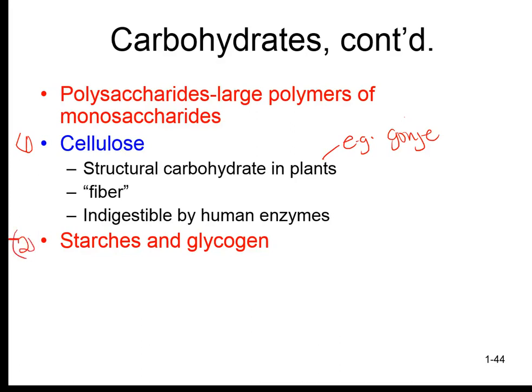Polysaccharide number 2 is starches and glycogen. So these, we use them to store energy. We don't store energy using polymers like cellulose.